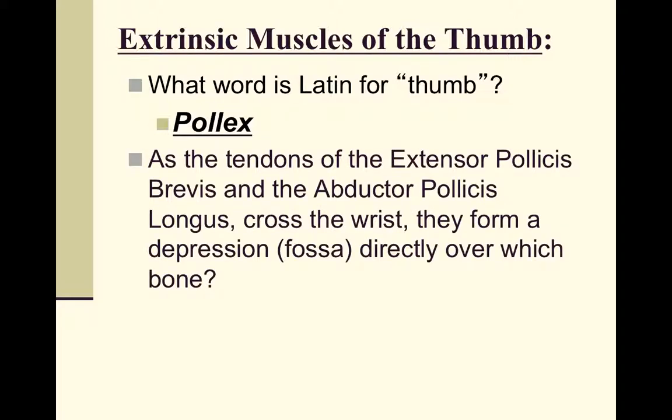Okay, and our tendons, see if you can figure this out. The extensor pollicis brevis and the abductor pollicis longus, as they go across the wrist, they're going to cross a bone that's in the proximal row of carpals, and they're going to form a depression, which we're going to talk about in a second, directly over the most lateral bone in your first row of carpals, which is the scaphoid.